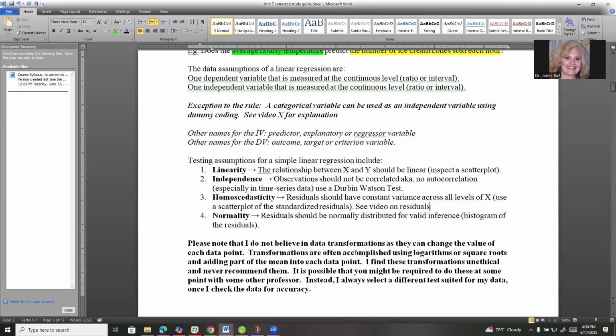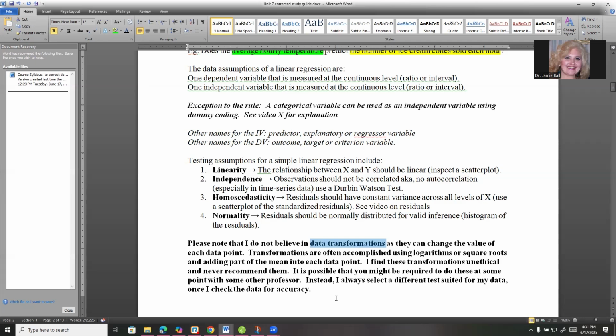Please note that there is something called data transformations. And I don't like them because, depending on what you're doing, they can change the value of each data point. Sometimes when these assumptions are violated, you can use a logarithm or square roots, and you can impute half or all of the mean score into each data point, and then they can pass these assumptions and you test that.